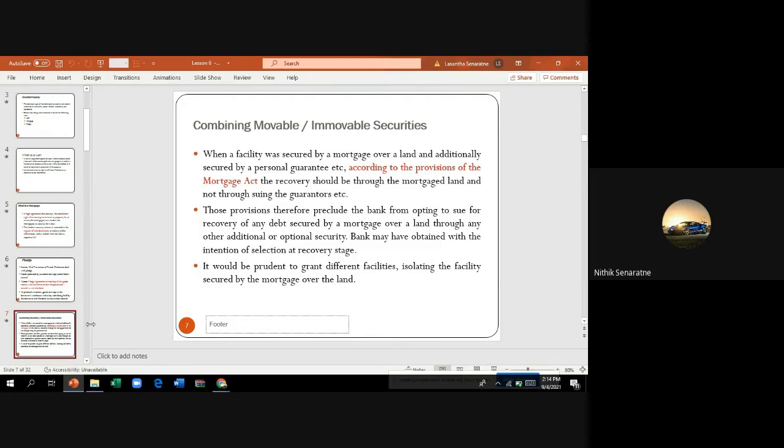It would be prudent to grant different facilities, isolating the facility secured by a mortgage over the land. As I told you initially, if you can get a separate security for the mortgage, for the vehicle, and for other work in progress, then you don't have to combine them. It will be helpful for me.